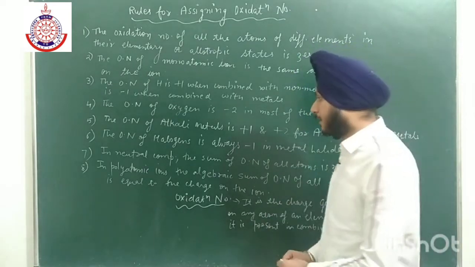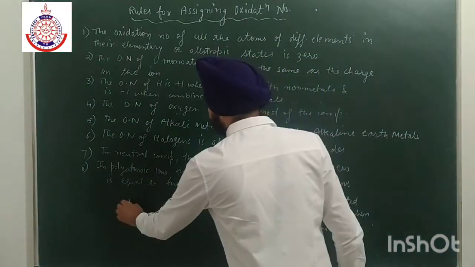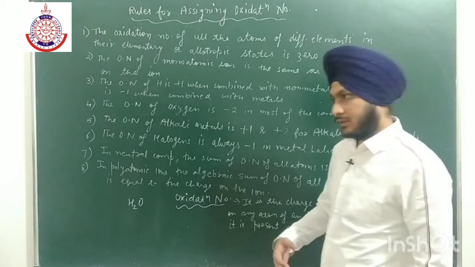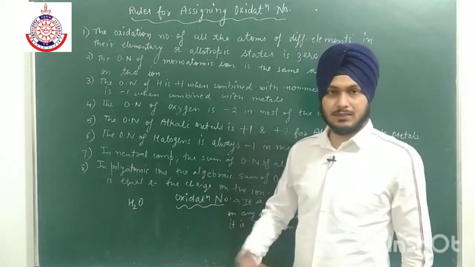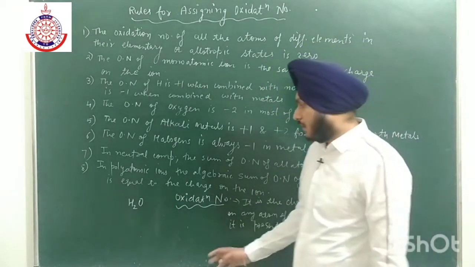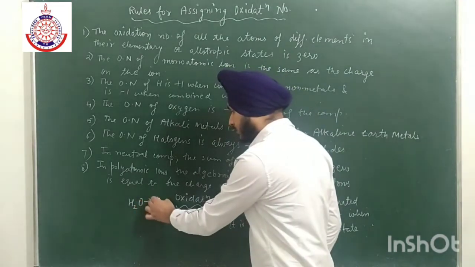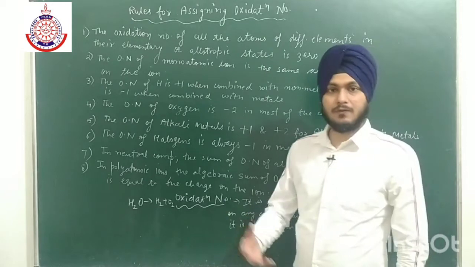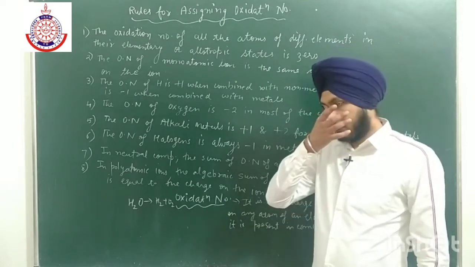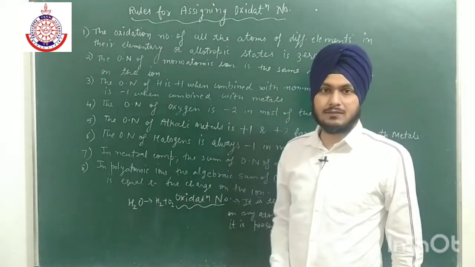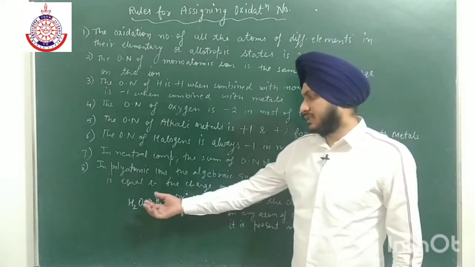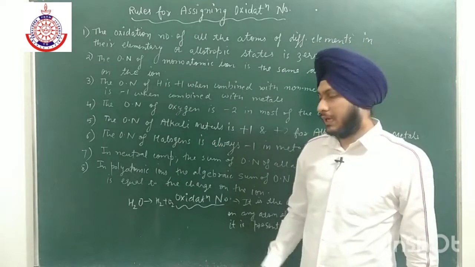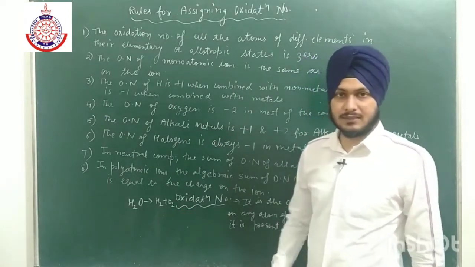For example, water is a covalent compound, so we cannot just predict which is oxidized or which is reduced when this water changes into H2 and O2. We cannot predict just with the help of the electron rule, the definition in which oxidation takes place when electron is lost and reduction takes place when electron is accepted.